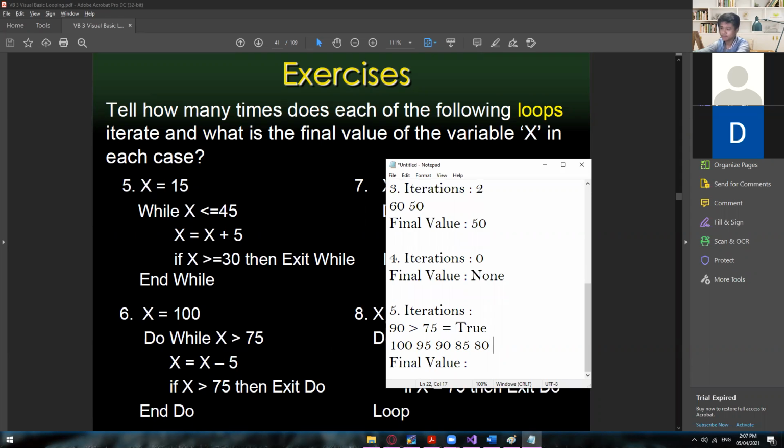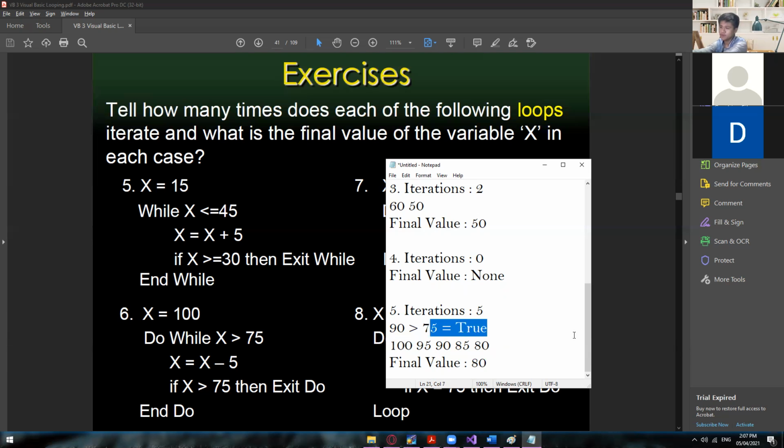But once you have reached the value of 75, 75 is not greater than 75 anymore, so it will not be part of your iterations. So in here, we only iterate 5 times, and the final value is 80.